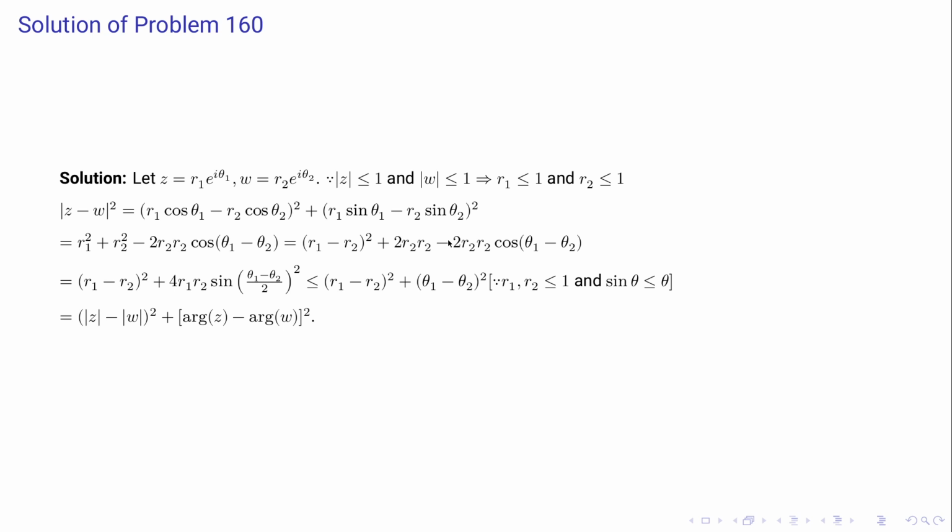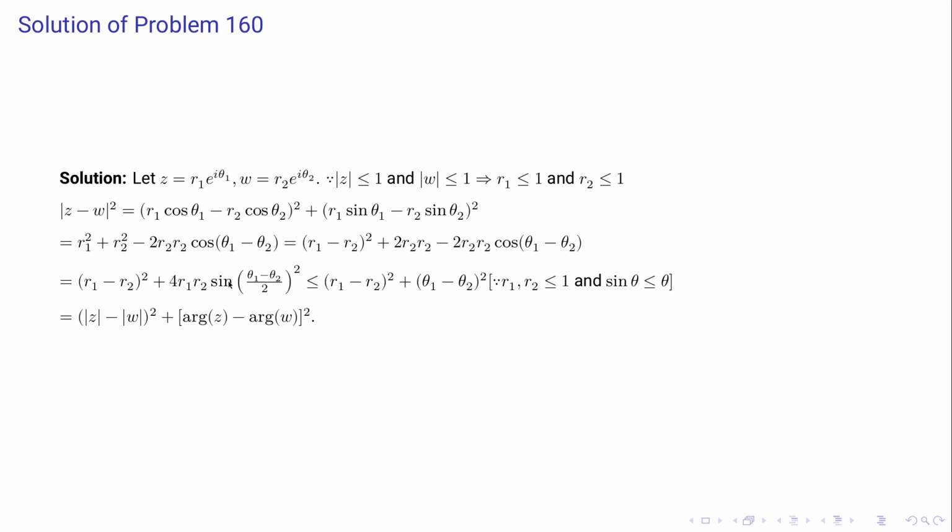Now 1 − cos θ is equal to 2 sin²(θ/2). So this becomes 4r1r2 sin²((θ1 − θ2)/2). Now we know that sin θ is less than or equal to θ, so this whole thing becomes at most (θ1 − θ2)².